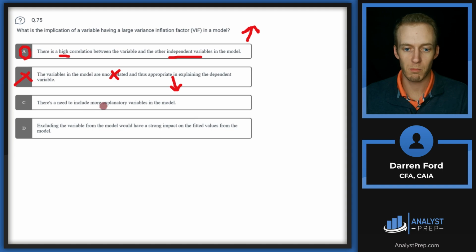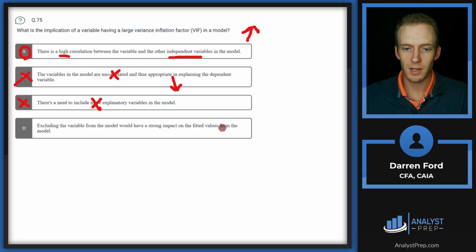C, there's a need to include more explanatory variables in the model. If we have high correlation between variables in the model, this means we can be getting rid of variables. We likely don't need to be adding more variables. So we can get rid of answer C here. And then D, excluding the variable from the model would have a strong impact on the fitted values from the model.